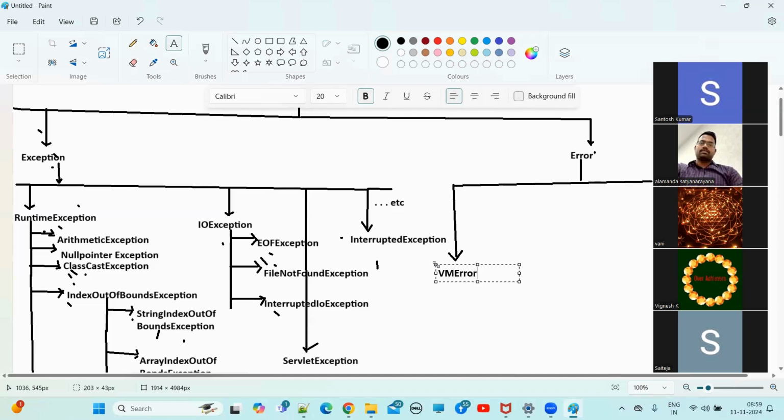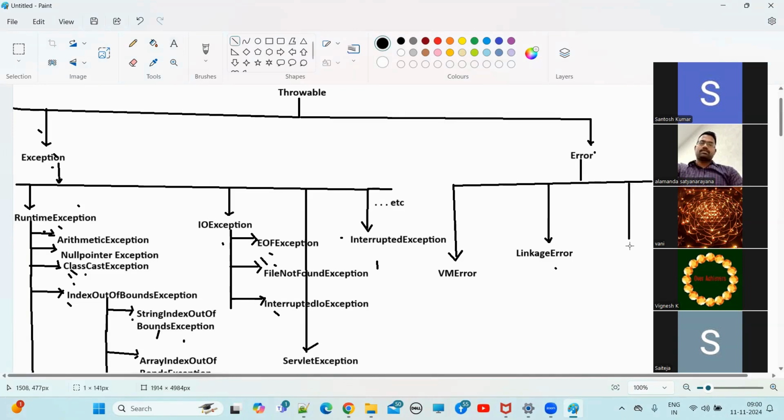This is a child class of the Error class. In the same way, we have one more child class for Error, that is LinkageError.